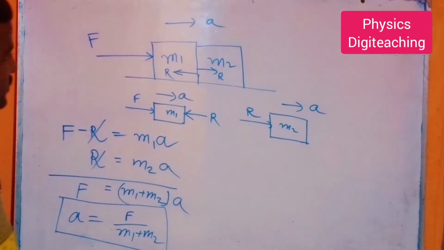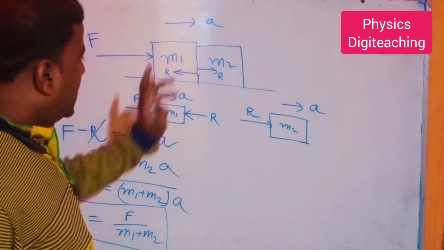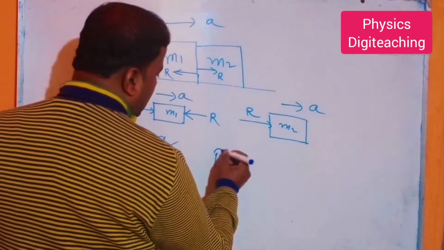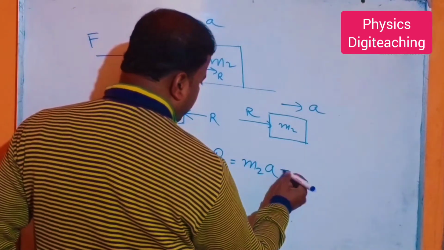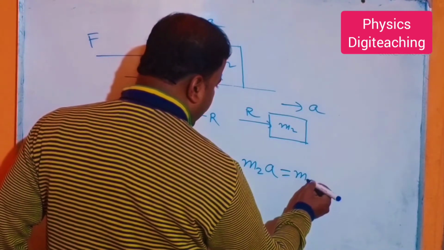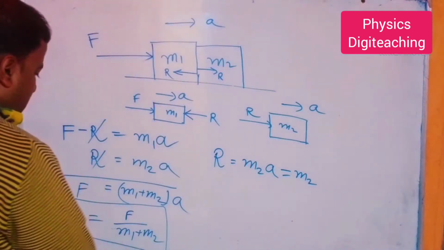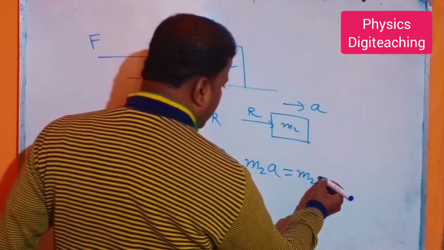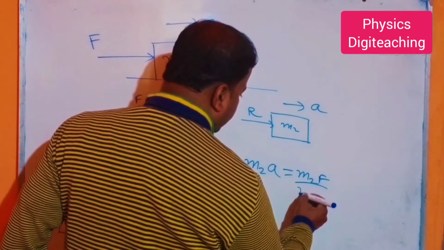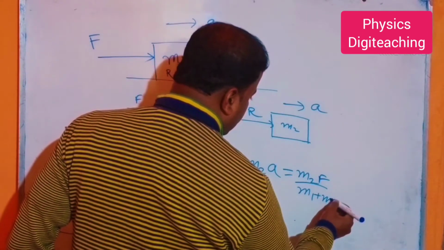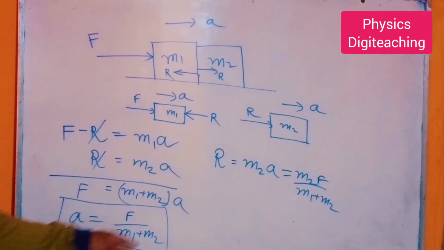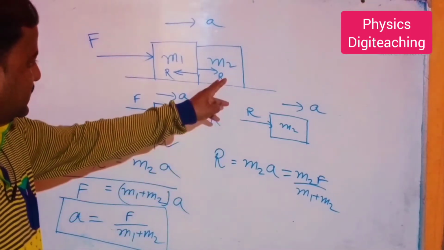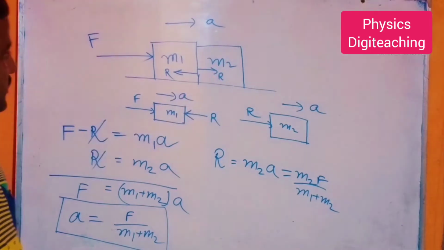Now we find the contact force R. R equals m2 A. We substitute the value of acceleration F by m1 plus m2, that is R equals m2 F by m1 plus m2. This is the acceleration, and this is the force that the body m2 exerts on the body m1.